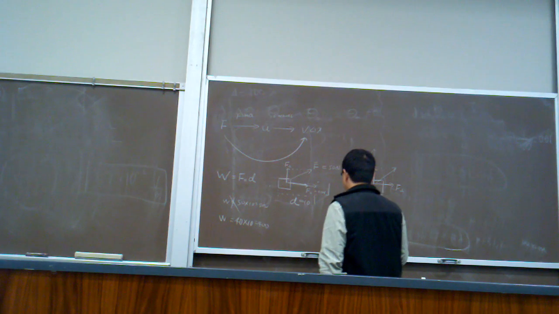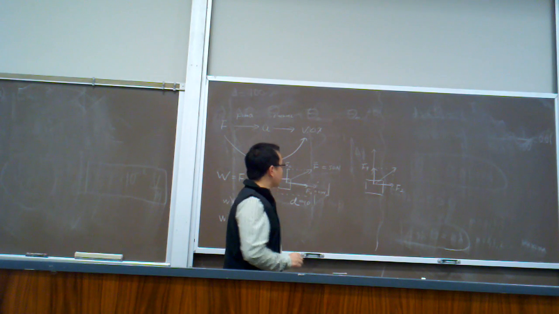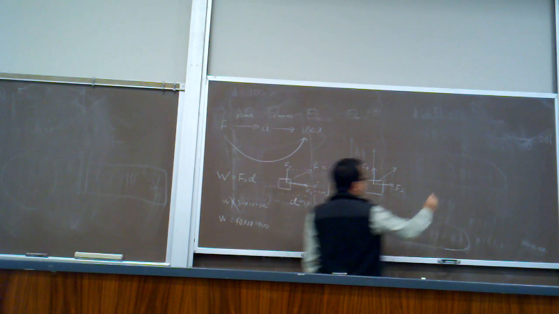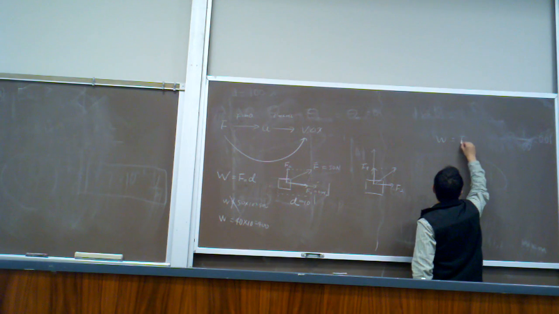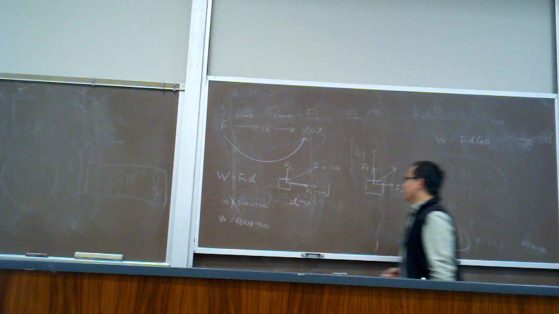Now, in fact, we can further write down the equation as W equals F multiplied by D multiplied by cosine theta. Why?